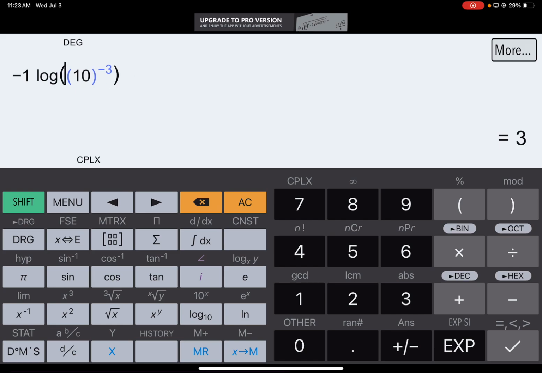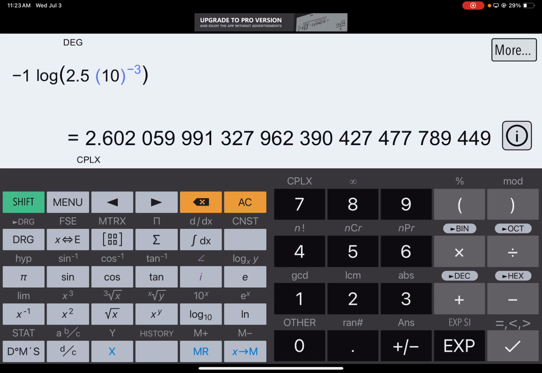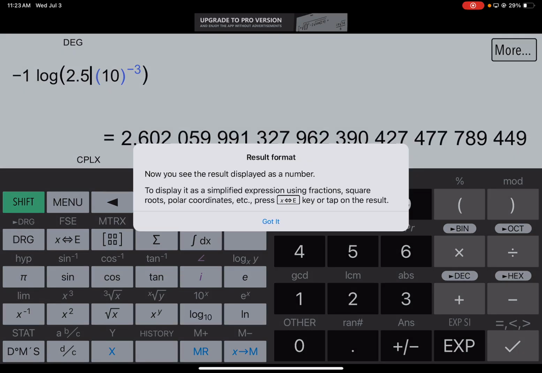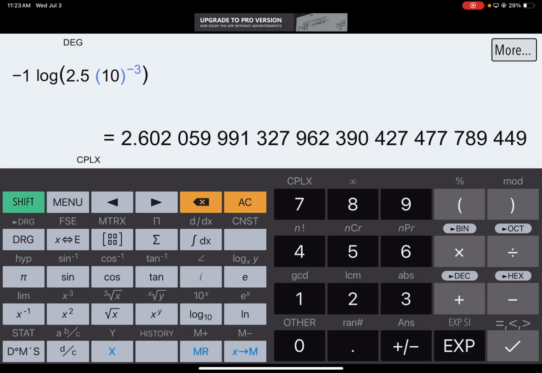So like 2.5 times 10 to the negative third, the negative log of that is 2.6.